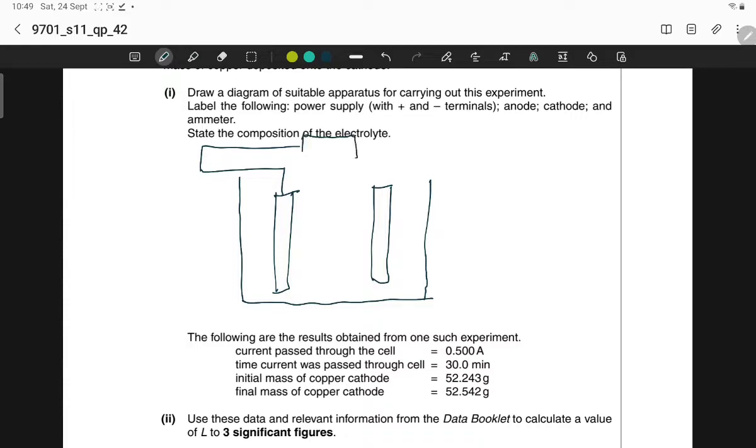So this is the power pack, with positive terminal and negative terminal. This will be the negative terminal and this is positive. If it is connected with positive, this is known as the anode, and this is the cathode.